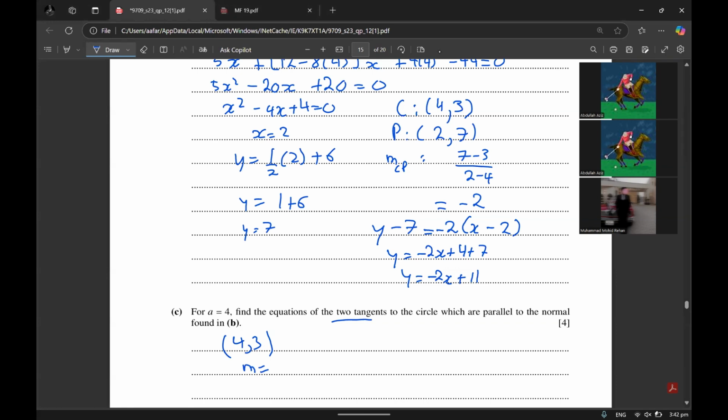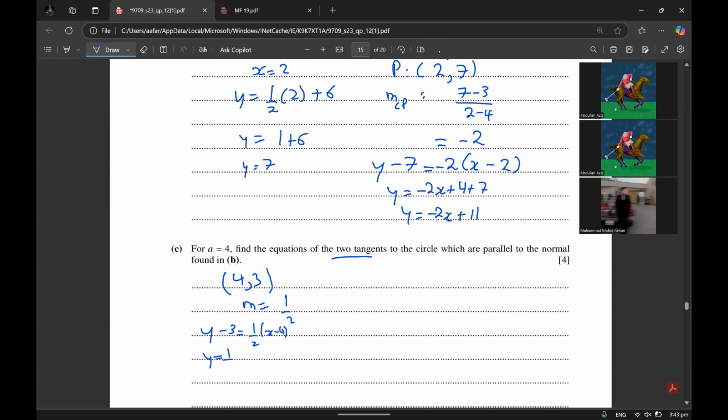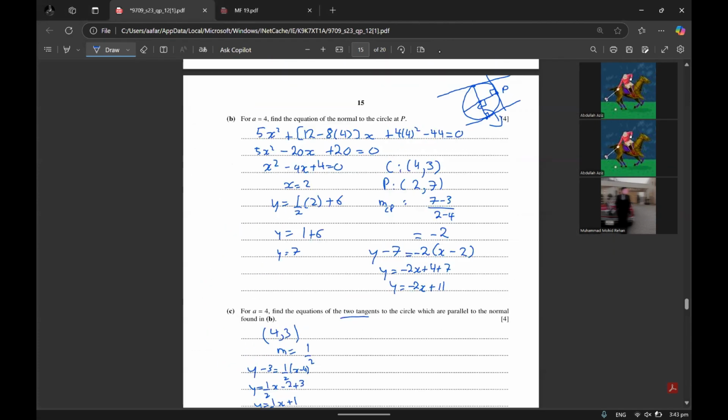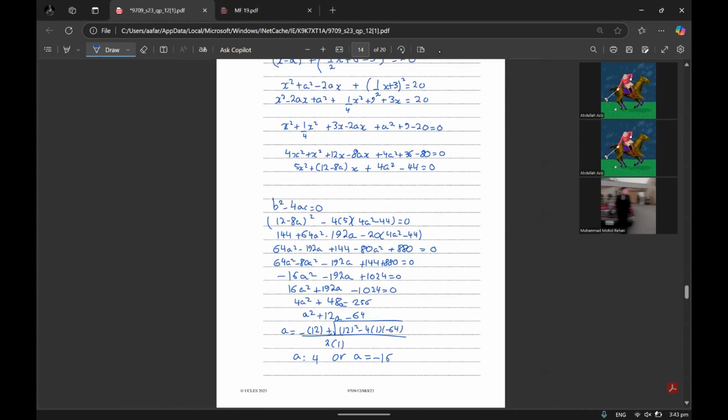So the equation becomes y - 3 = 1/2 (x - 4). So y we get is half x minus 2 plus 3, which is half x plus 1.